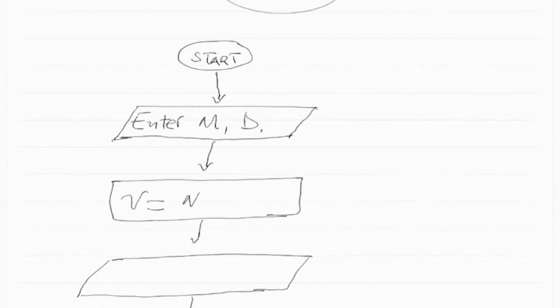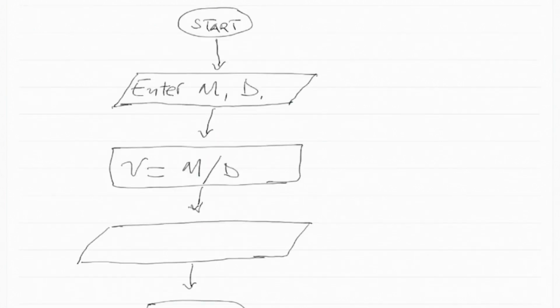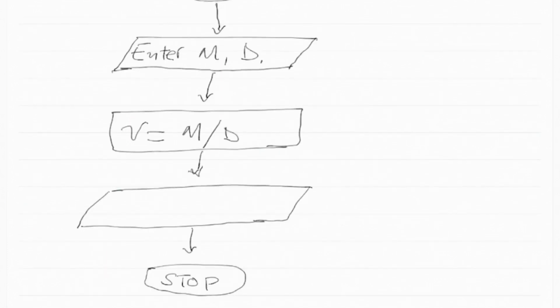Then in the next box, which is the rectangular box, which signifies a process or processing, under the processing there, you have volume, which is equal to the mass divided by density. Then you move further there to the next shape, which is a parallelogram. You have put the formula for calculating the volume.